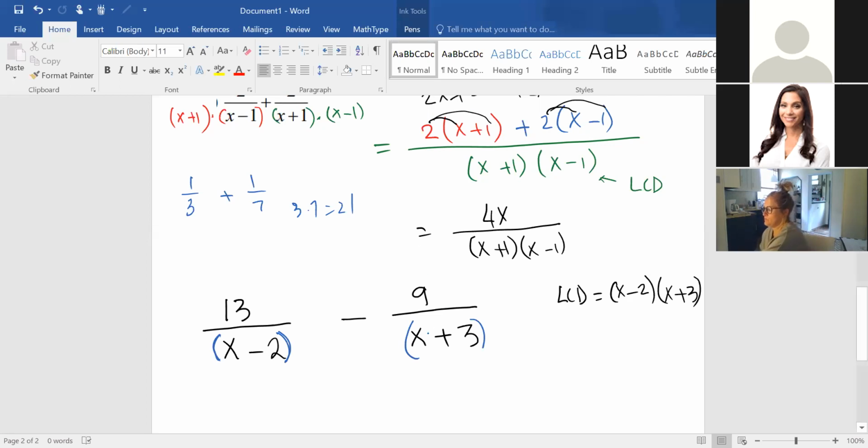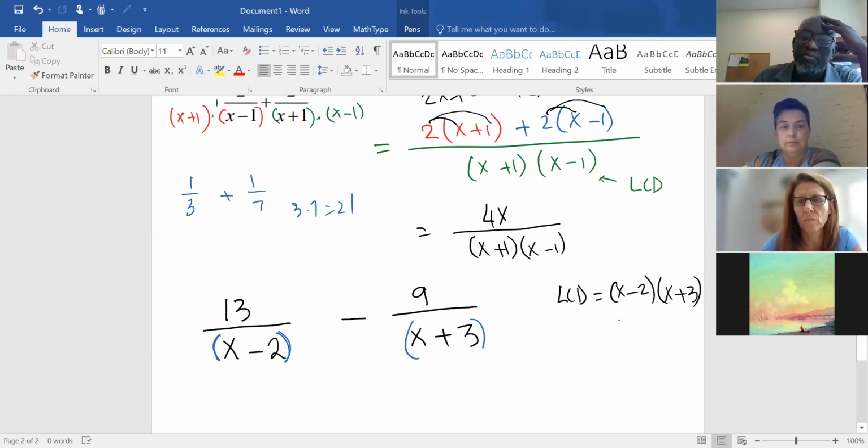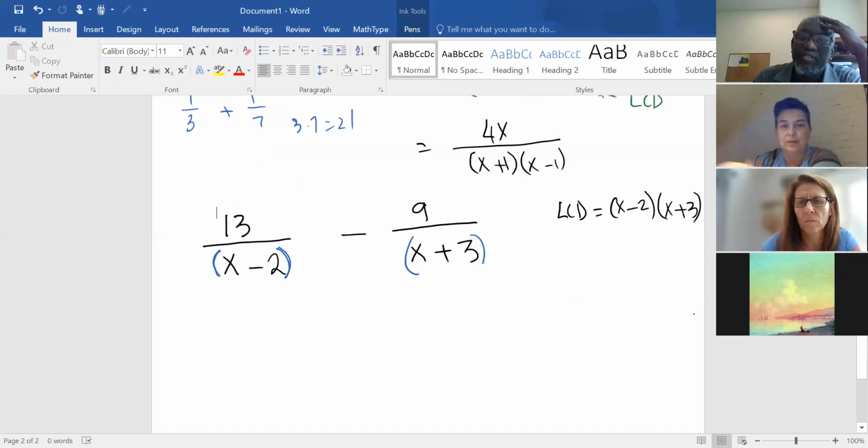So now, after that, since this one is x minus 2, what is the missing piece here? Can somebody dictate what they did? I don't want to do it myself. I multiplied the denominator and the numerator by x plus 3 in the first one.